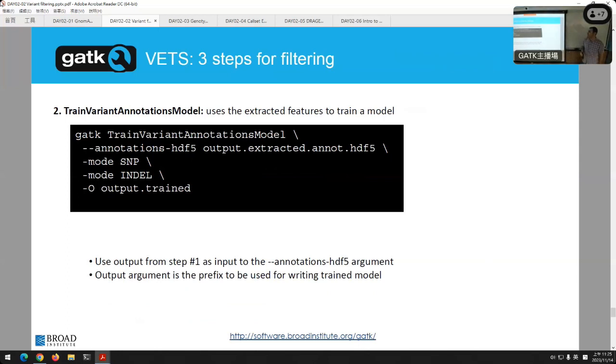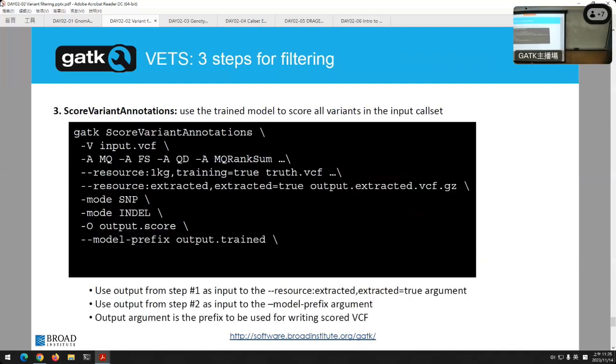The input to the training step is the output from the previous step. And then you score things, you score your variants. Pretty simple: extract, train a model, score things. And then you're ready to filter all over again.